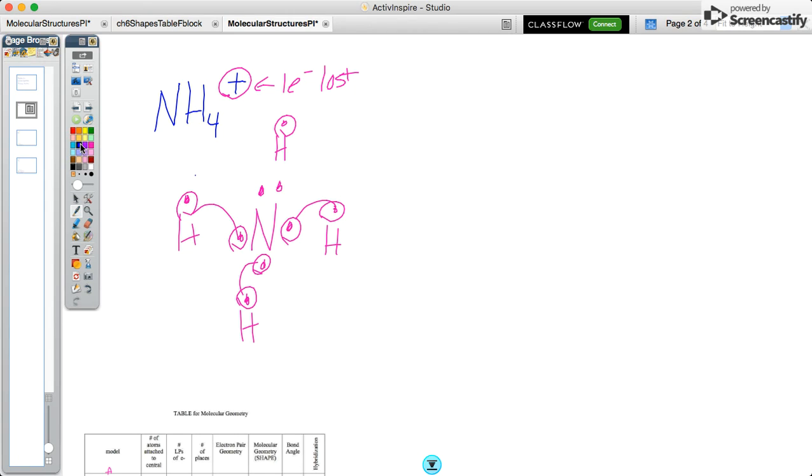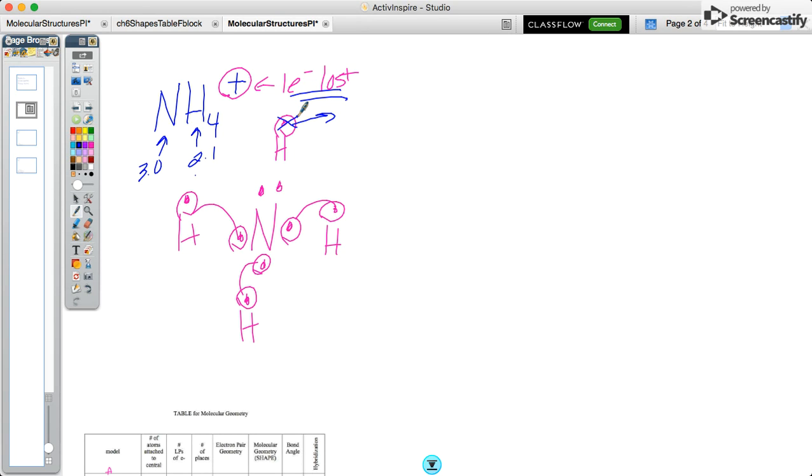When I think at this moment about this one electron lost, I look at hydrogen, which has an electronegativity of 2.1, and nitrogen with an electronegativity of 3.0. So my tendency is to say, well, this hydrogen is going to lose this electron, and it's actually technically coming in as H plus.